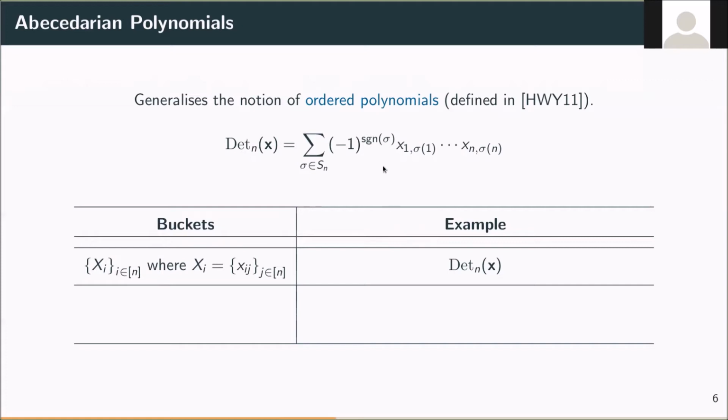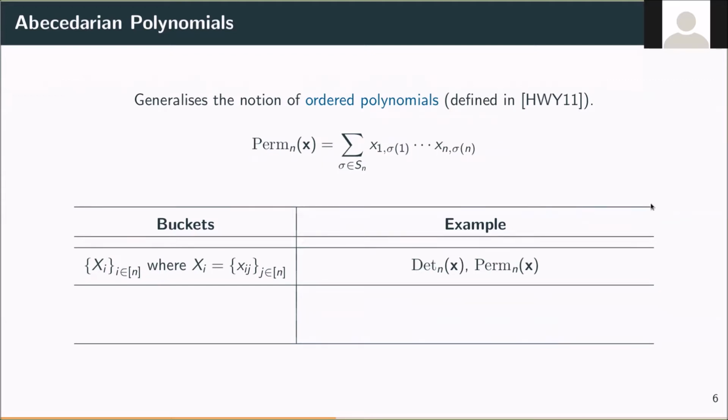If we partition the variables with respect to the rows they belong to, then it is ordered, because from every row exactly one variable appears in any monomial. And if we order the variables in increasing order of the row they belong to, then it naturally becomes ordered. So for the same reason, the permanent polynomial is also ordered.